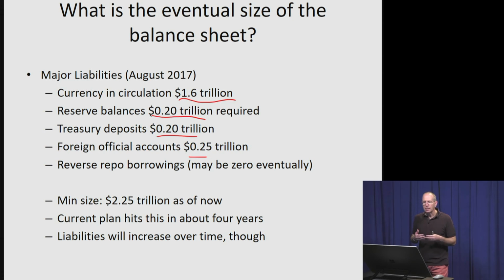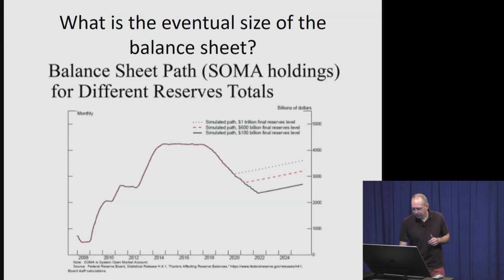So, for example, currency in circulation will probably rise from its current $1.6 trillion. As deposits in the banking system rise, required reserve balances will tend to increase from their current $200 billion and so forth. And so $2.25 trillion can be thought of as the absolute dead minimum that the balance sheet might be as of right now, this minute.